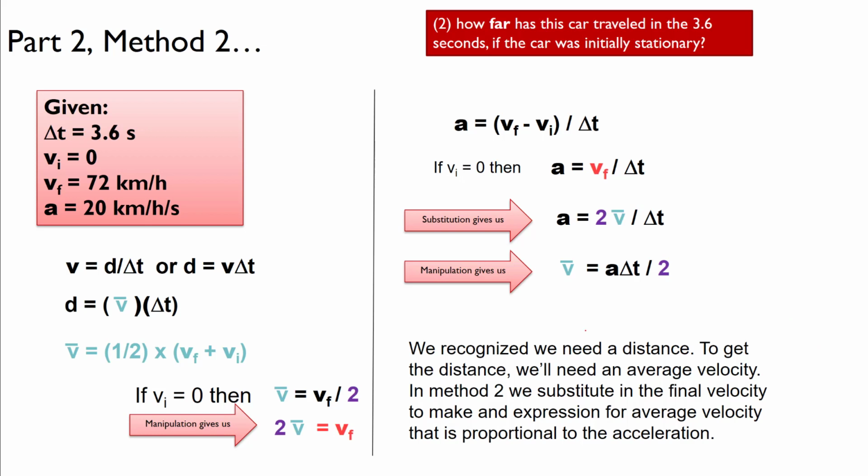We'll want to use that. And again, manipulating for distance or displacement, we have v times delta t. And then it's just a matter of figuring out what velocity we want. So we, again, want the average velocity.